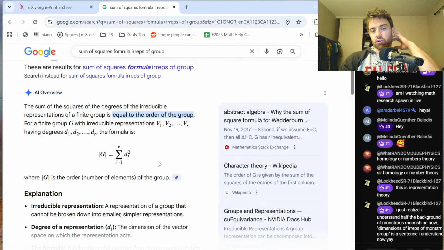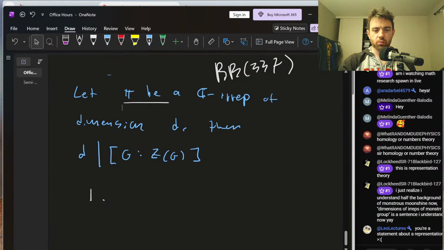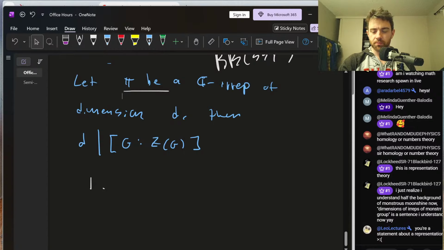Right. So we also have the following formula, right? The sum of squares has to be the order of the group over all the irreps. That is a statement about representation theory.